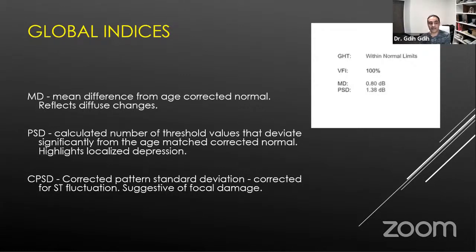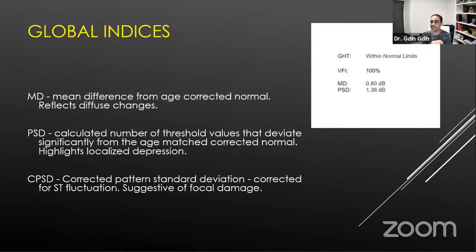Why is that? Because pattern standard deviation evaluates a localized lesion. It will go up when we have a more localized lesion. It is not good to have a uniformly bad field; it will give us a good number. Let's say the visual field is all bad all throughout.